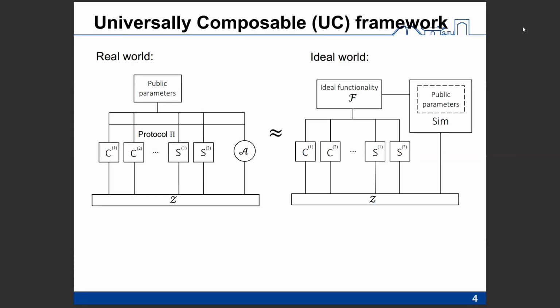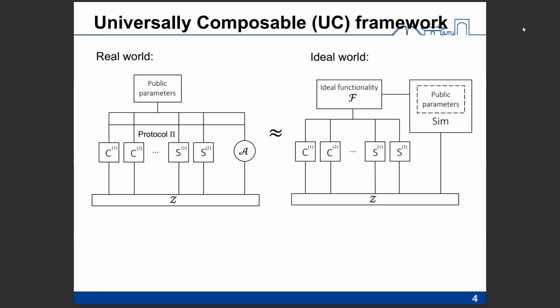Well, we consider UC security in this work, and we may tell something about the UC framework, the universally composable framework. The left figure shows the real world view, and the right figure shows the ideal world view. We say a protocol is UC secure if it emulates some ideal functionality F, so that the real world view is indistinguishable from the ideal world view.